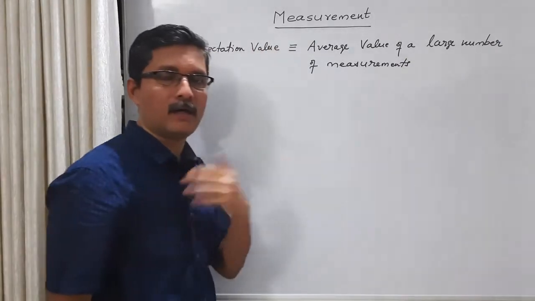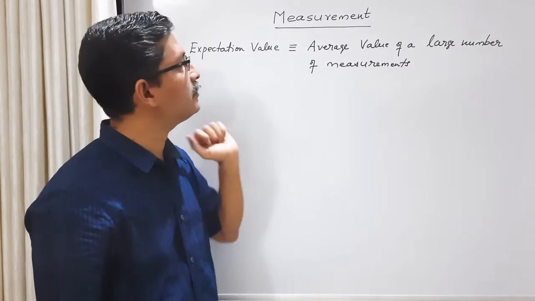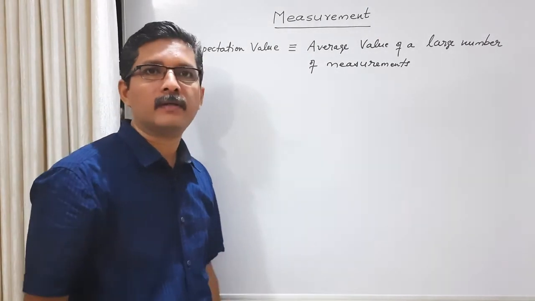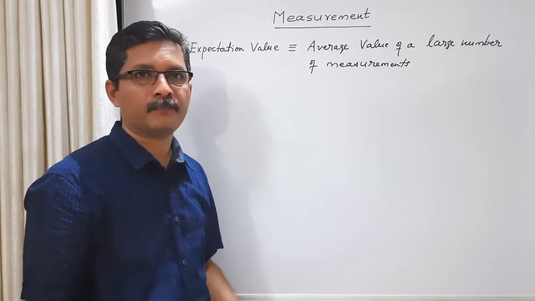So we make a large number of measurements of a physical quantity and take the average value; that's called the expectation value. So how do we define the expectation value of a physical quantity?